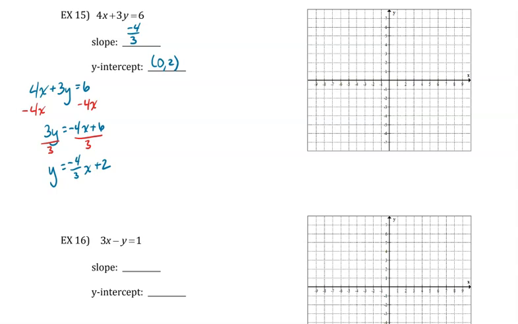Alright, so again, we're going to start at the y-intercept, in this case 0, 2. And in this case, our slope is negative. So what we're going to do is I'm going to put the negative on top. Technically, this is just as correct.